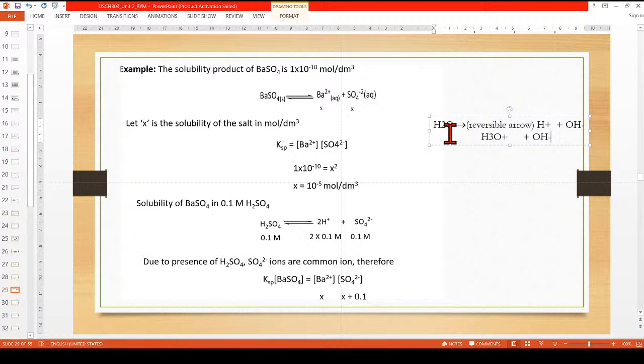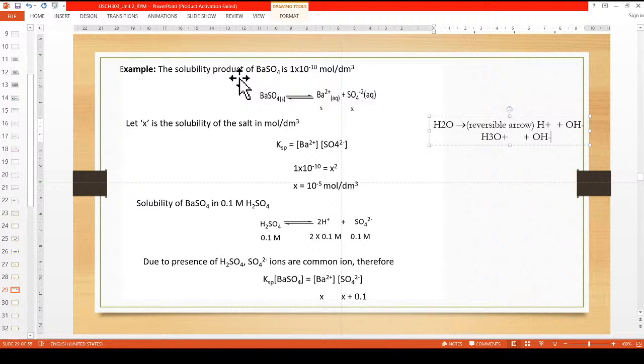So in this example for BaSO4 you don't have any ion common with BaSO4. Which ions are in BaSO4? Ba2 plus and SO4 2 minus, and what is in water? H3O plus and OH minus. So no ion is common with your precipitate, therefore water will not affect the solubility of BaSO4 directly.